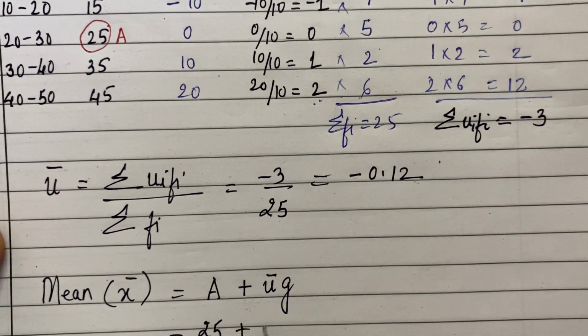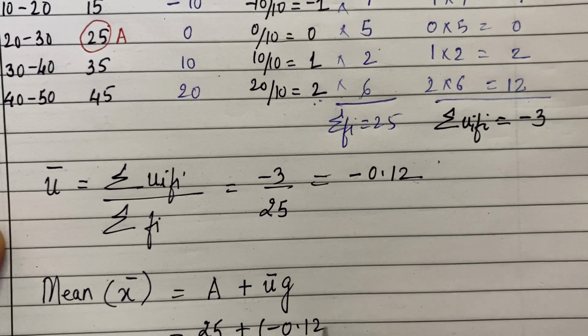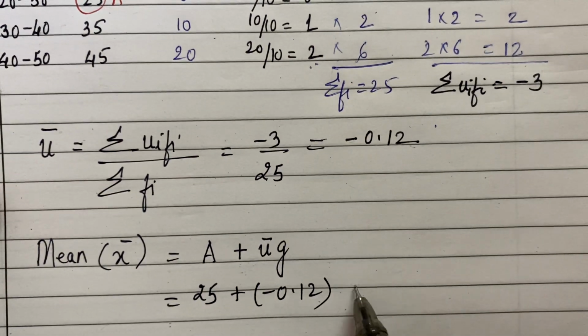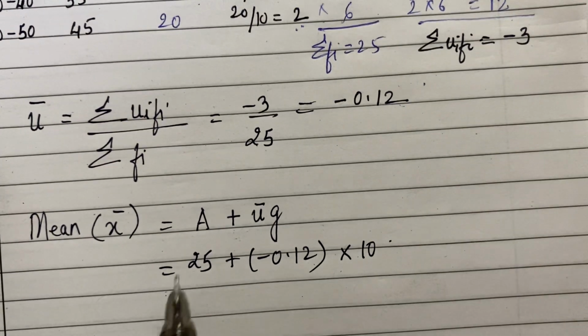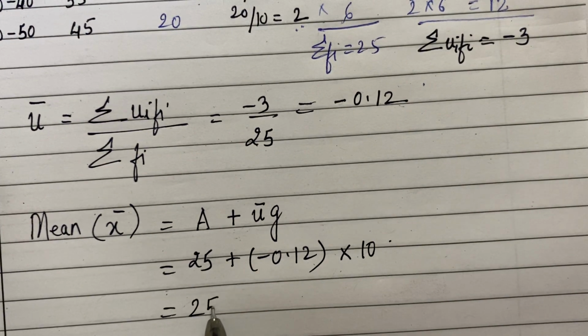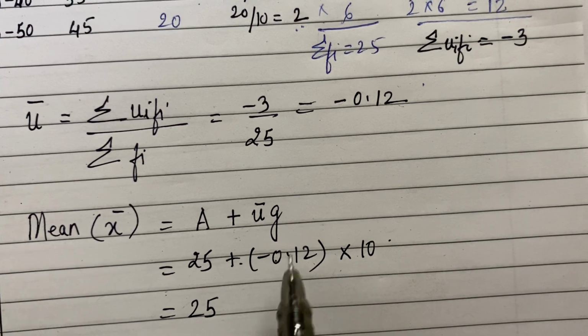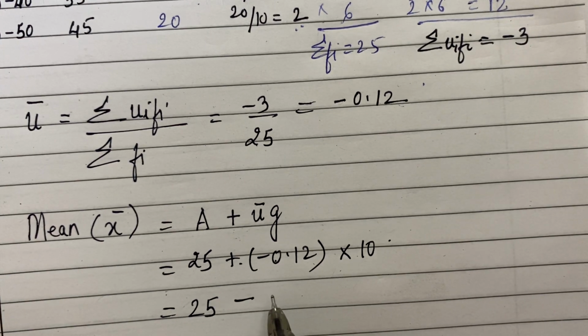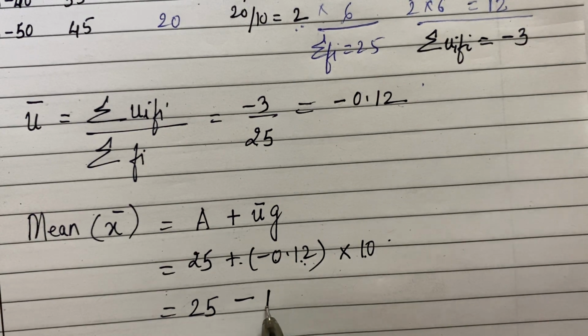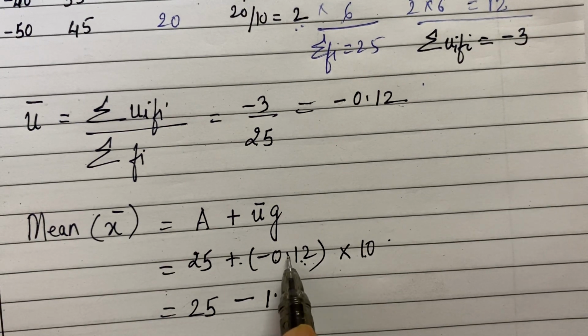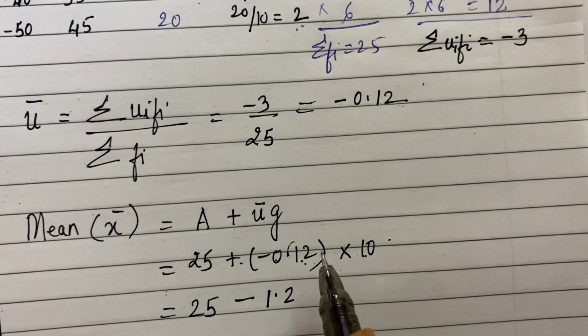It is minus 0.12. And what was the GCD? 10. So this gives you 25 plus into minus 12 into 10. So that will give you 1.2. The decimal point will shift one place to the right.